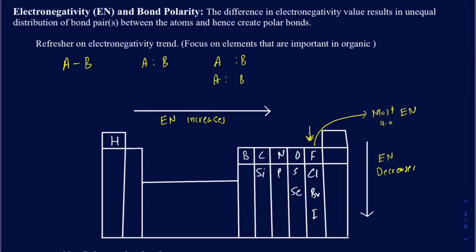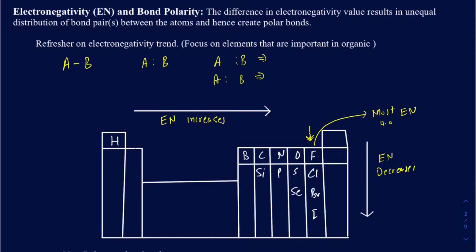So if B is more electronegative, then the bond pair is going to be closer to element B. And if element A is more electronegative, then it's going to be closer to element A.